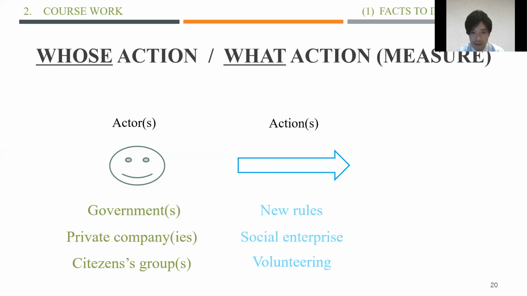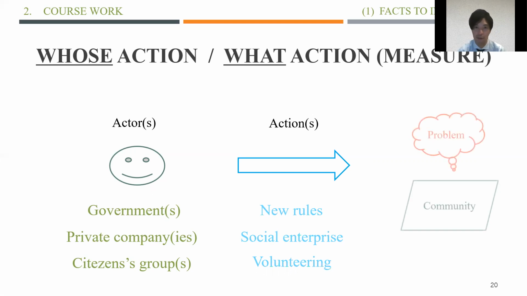All right, there may be so many types of policy measures or action measures, but again, don't be looking at more than 2 of them. You should focus on one of these measures. Okay, so they are the third and the fourth elements of your research.